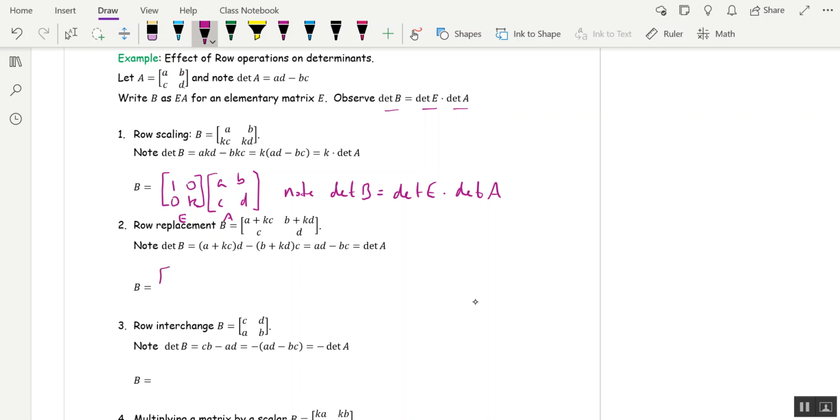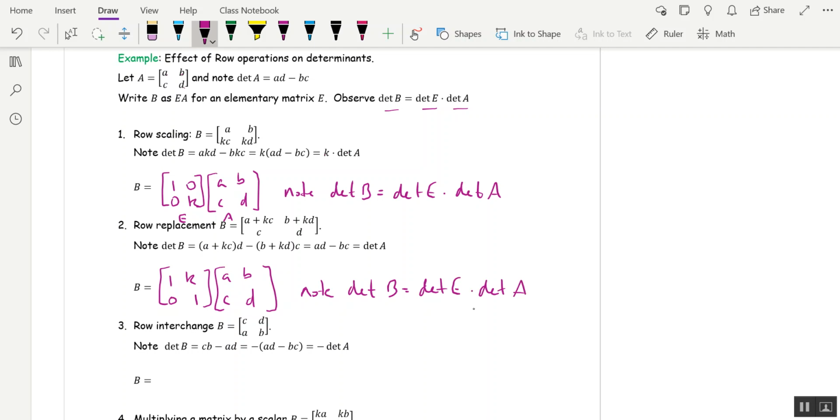All right, well, let's write B as an elementary matrix times A. The elementary matrix I want to use, I take the identity and I replace row 1 with k times row 2 plus row 1. So 1, k, 0, 1. All right, and note the determinant of B is the determinant of E, which is 1, times the determinant of A.